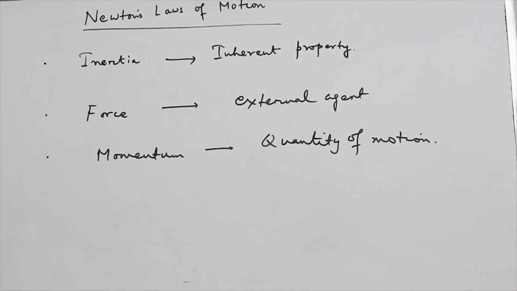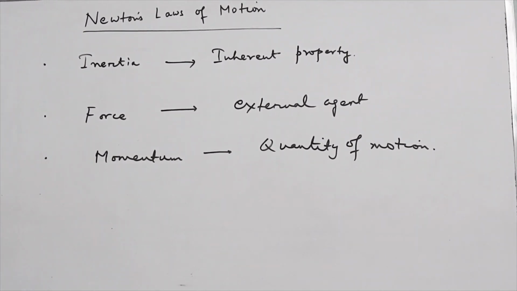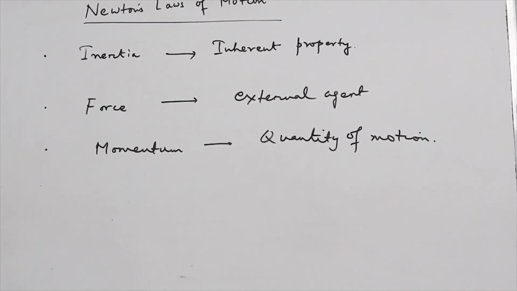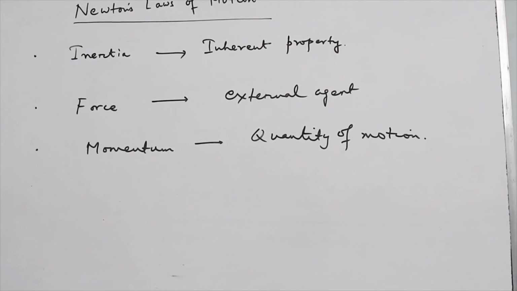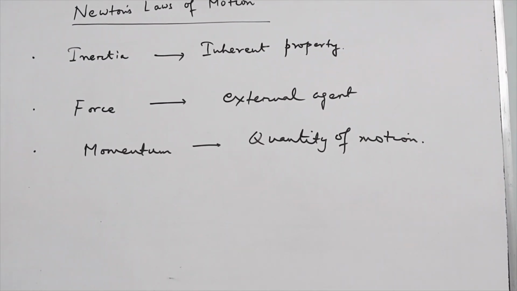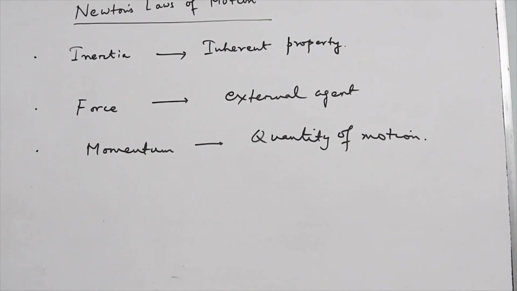Galileo started with a correct observation. Galileo realized that to bring a body into motion, the necessary external agent is the force. So force is definitely required to set motion in a body.